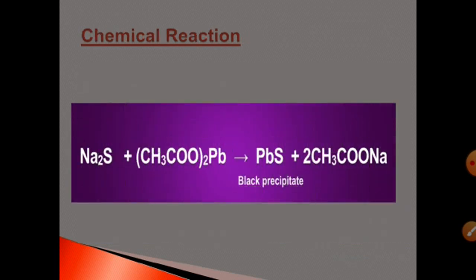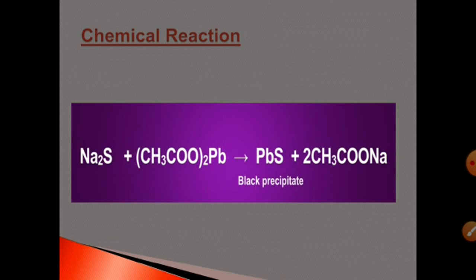Chemical reaction involved in this process. Sodium sulfide is formed during the fusion reaction. When sulfur reacts with sodium metal, it is converted into sodium sulfide, Na2S. This sodium sulfide, when it reacts with acetic acid, expels H2S gas.